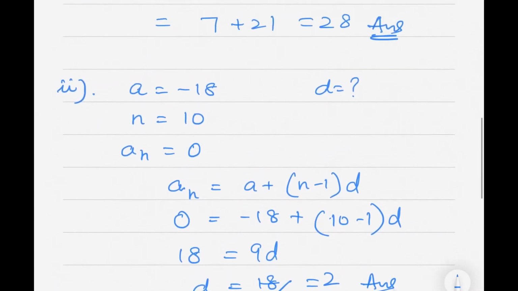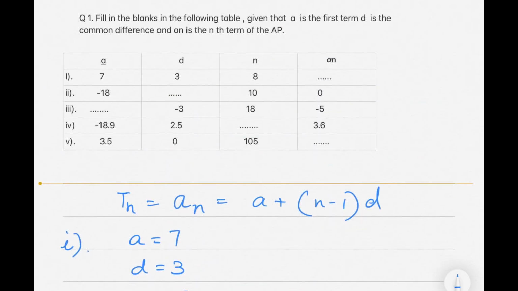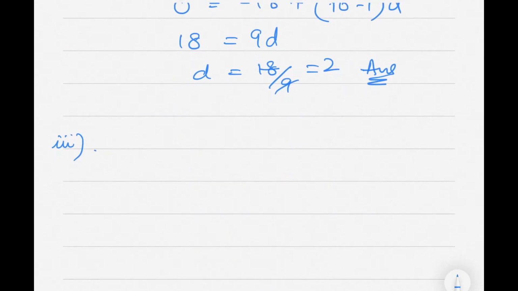So the third part says I have to find a here, and d is minus 3, n is 18 and the nth term is minus 5. Okay, let's write down all the values. So now here I have to find out a, and my d is given as minus 3, n is given as 18 and the nth term is given as minus 5.